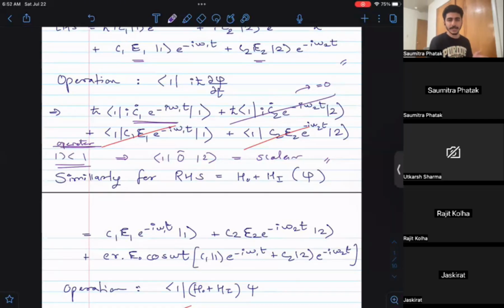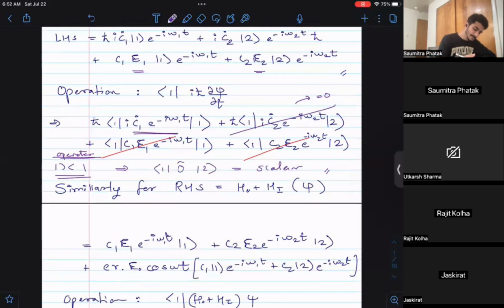This bracket gives you the transition matrix element, and whenever you get that, what does it physically mean? When you get such a transition matrix element, you are saying that if you want to go from the first energy level to the second energy level, you want the transition matrix element.